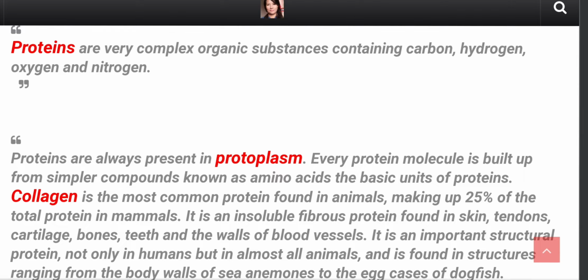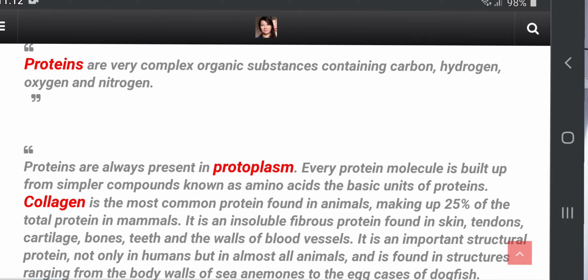And collagen is the most common protein found in where? In animals. Collagen is the most common protein, making up 25% of total protein in mammals. It is an insoluble fibrous protein found in skin, tendons, cartilage, bones, teeth and the walls of the blood vessels.